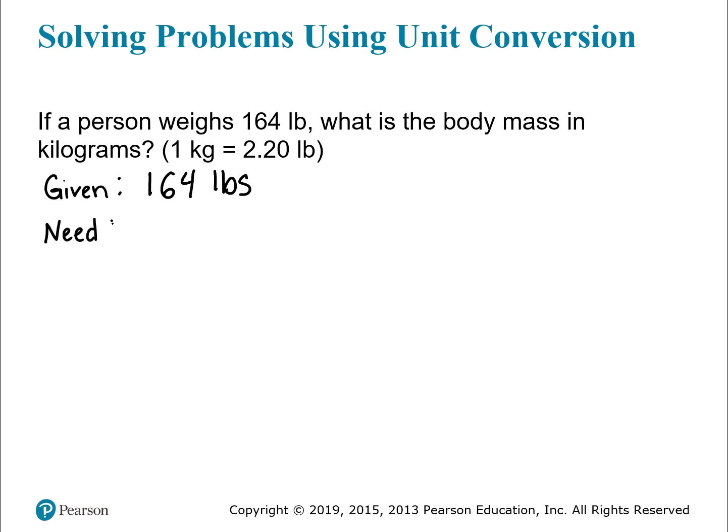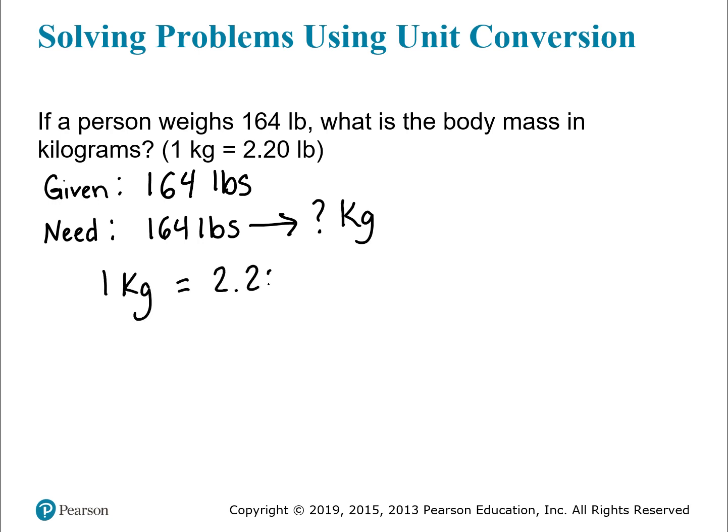What is the question asking for? We're asked to take those 164 pounds and convert to kilograms. The next thing we need is to figure out what our conversion factors are. And so I've given you the equality, 1 kilogram is equal to 2.20 pounds.